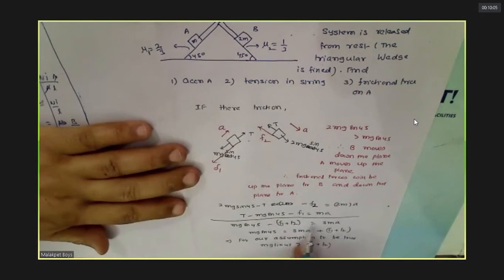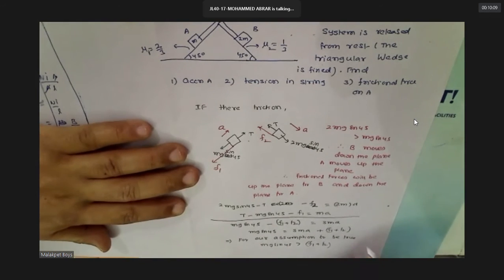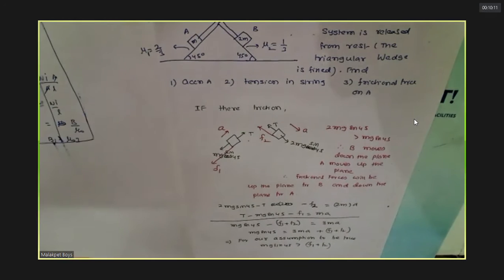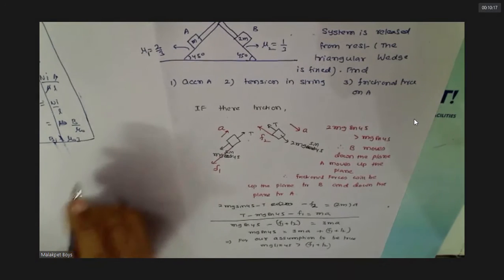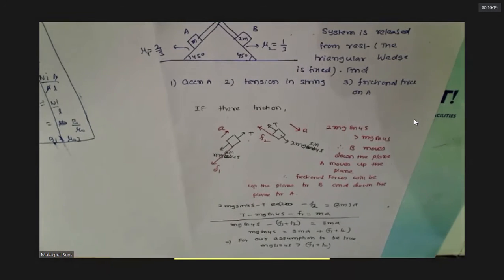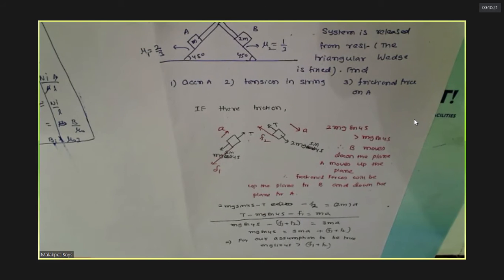From this equation, what do you have? mg sin 45 is greater than F1 plus F2. Any doubt is there? No, sir. Shall I go ahead? Yes, sir.